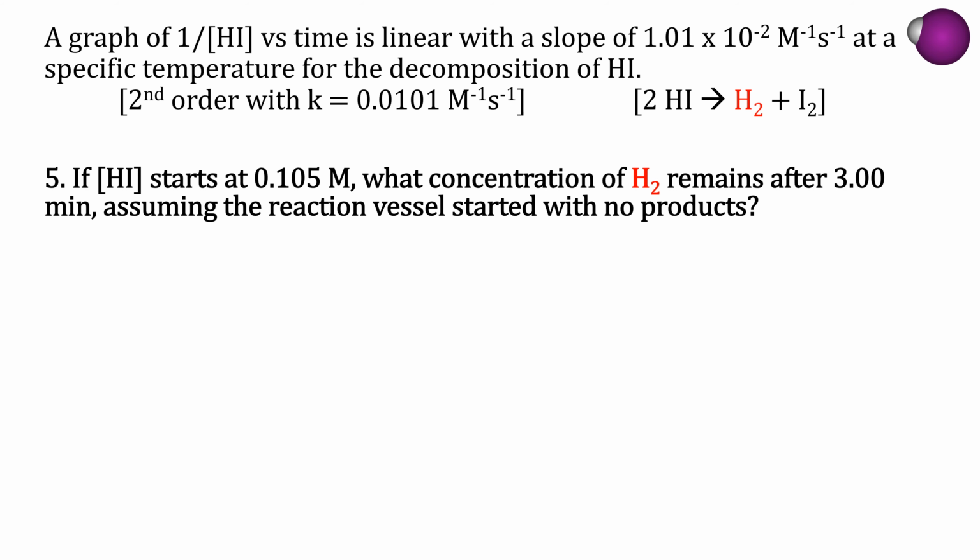For my fifth and final problem here, if my HI concentration starts at 0.105 molarity, what concentration of H2 remains after 3 minutes, assuming the reaction vessel started with no products?